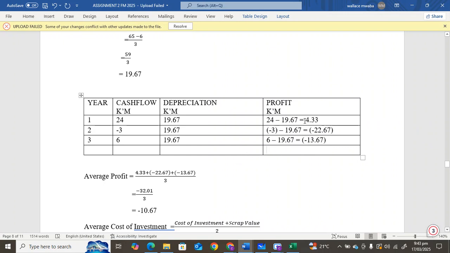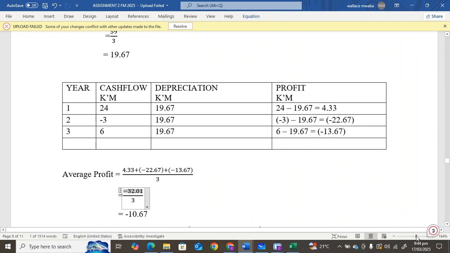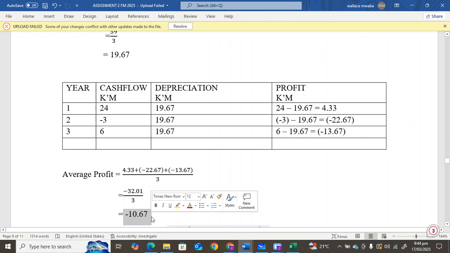When you add these profits, 4.33 plus negative 22.67 plus negative 13.67, you get a total of negative 32.01. Divided by the number of years, 3. So negative 32.01 divided by 3, negative 10.67.